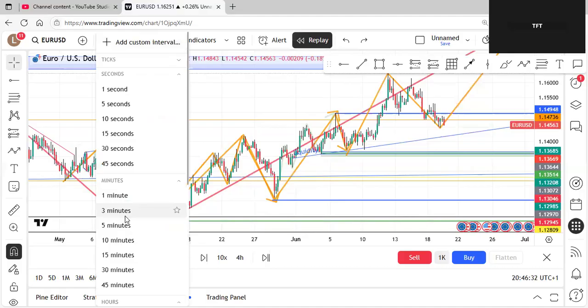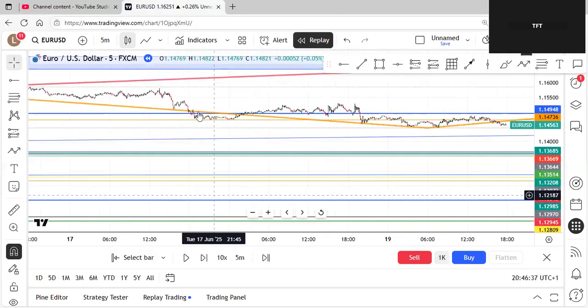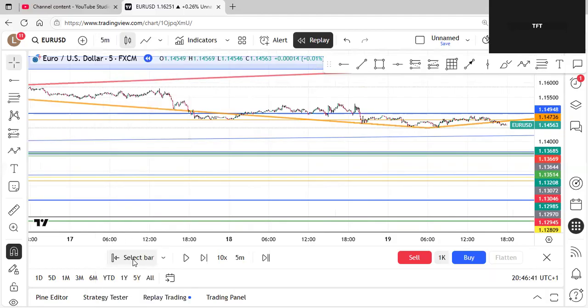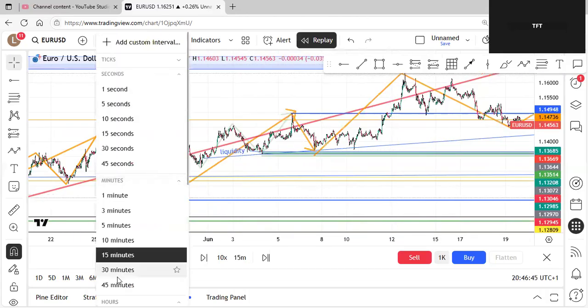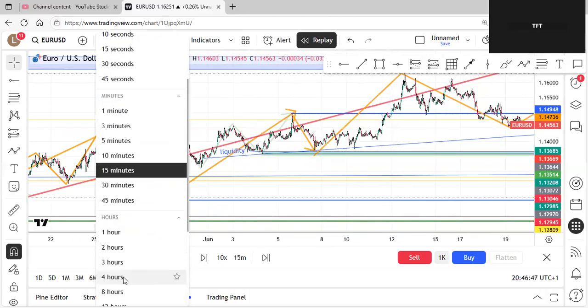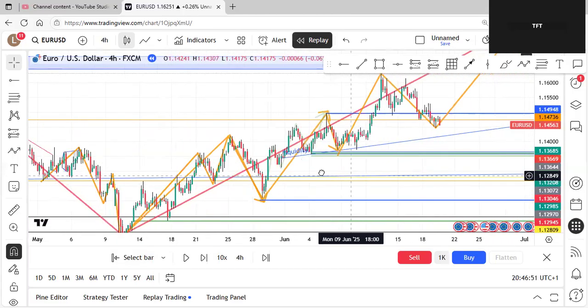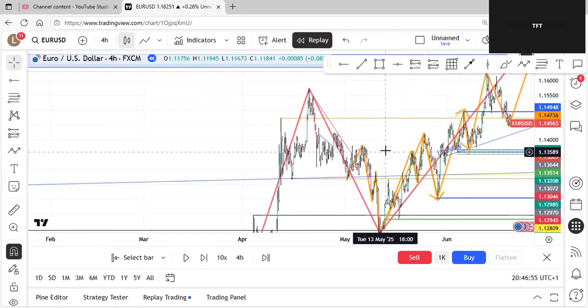So what I've just done with the 15 inside of the 4 hour, which is what I said last time and forgot to say that time, is on this occasion, we've got this 4 hour range. Obviously, we're in a 4 hour bullish.